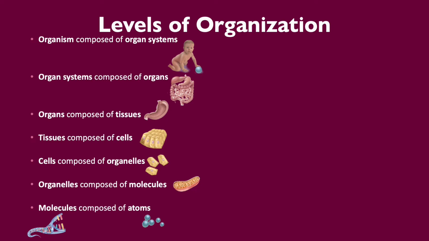Do note that the cell is the smallest structure of the human body that is considered to be alive. So, in other words, just because your atoms and your molecules and the organelles are moving does not mean that they are alive. The smallest structure of the human body that is considered to be alive is the cell.